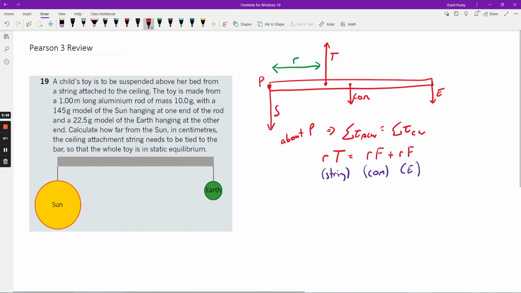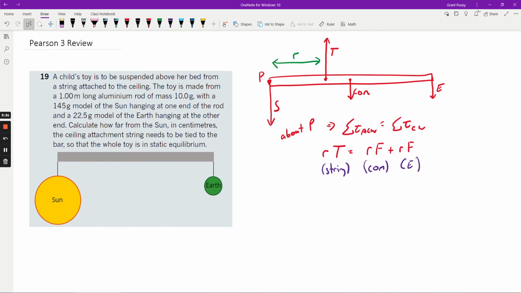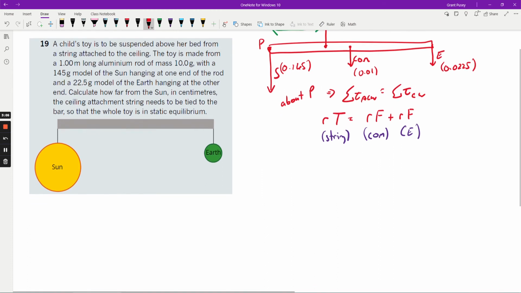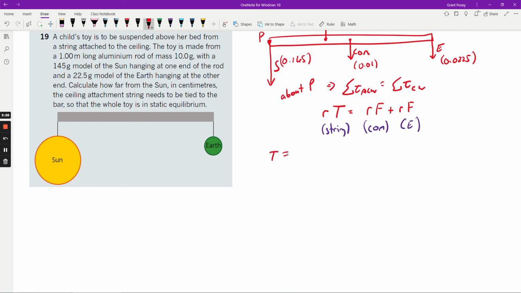So the one thing I don't have is that tension, but I know that all the upward forces have to equal the downward forces. So I know that this is 0.145 kilograms, this is 0.01 kilograms, and this is 0.0225 kilograms. So to work out the tension, that's just going to be mg.